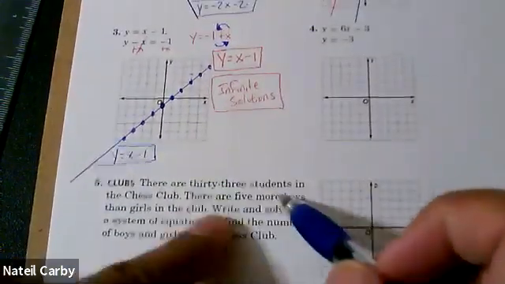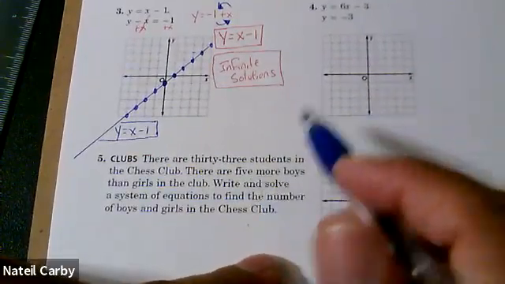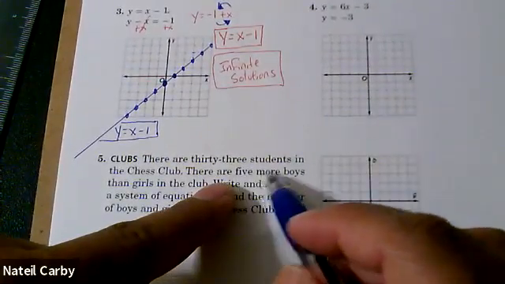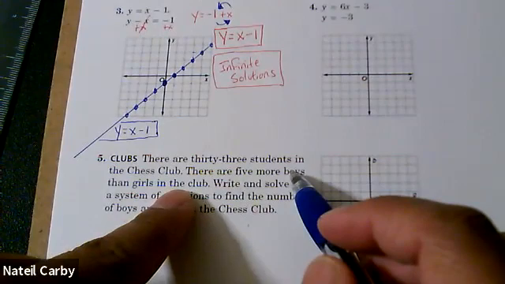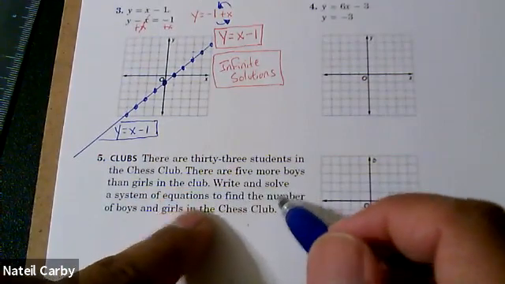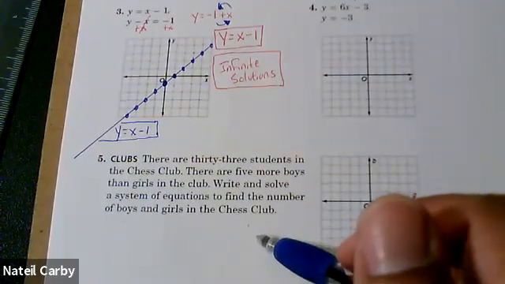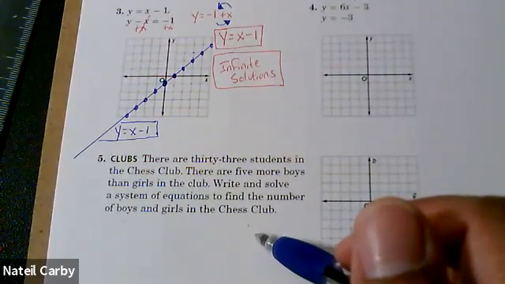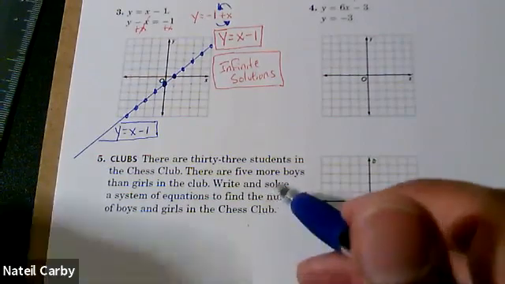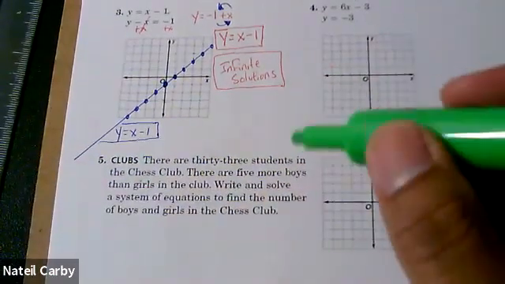There are 33 students in the chess club. There are 5 more boys than girls in the club. Write and solve a system to find the number of boys and girls in the chess club. Okay. So one piece of information is incredibly obvious.